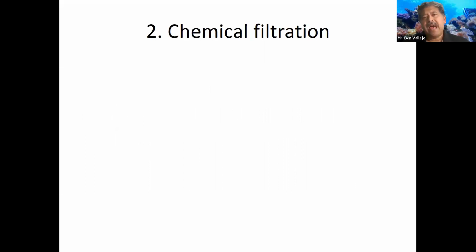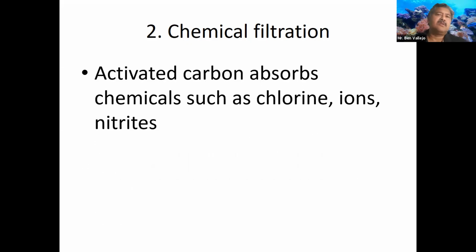Your filter in the back, called your rear filter, also is a chemical filter. And if you've ever taken apart, and we'll see some photographs of it, an aquarium filter, it has these little teeny, they look like little teeny pebbles, little rocks inside of them. But actually that's activated carbon. And activated carbon absorbs all these chemicals that we're worried about.